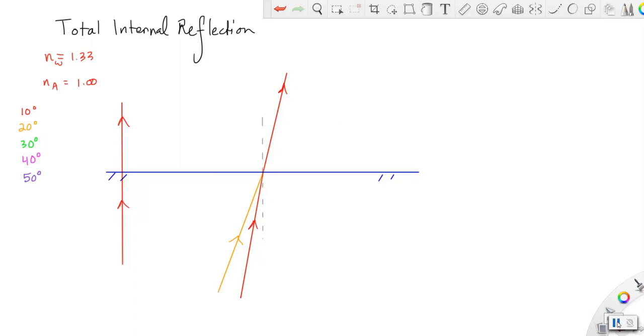I get 27.1 degrees. So I'm going to take this to the complementary of 27 degrees, which is 63 degrees. So that one is going to be refracted like this.